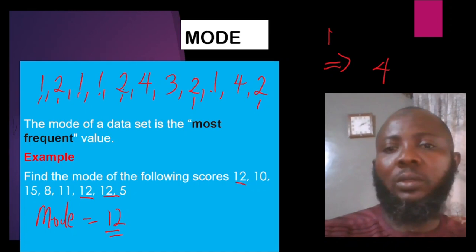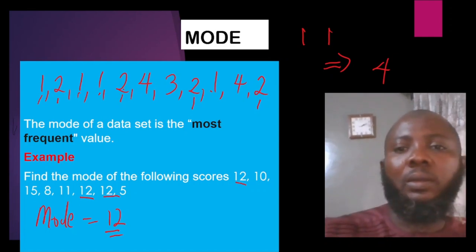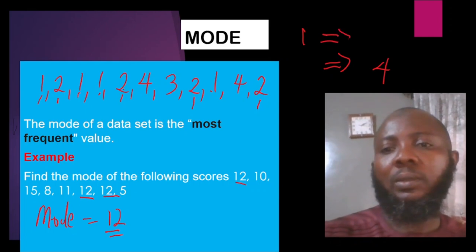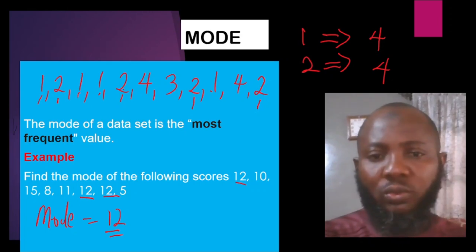So we have 1 appears 4 times. 2 appears 4 times. Then 3 appears once.